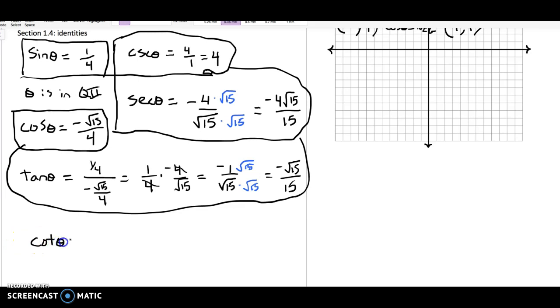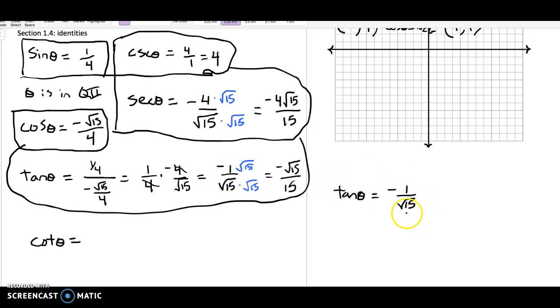Cotangent is reciprocal to tangent. So I want you to recognize that when we did tangent, I did rationalize the denominator of this equivalent fraction, that one right there. Do you see how I did that here? However, I'm going to actually use this fraction here because if I flip it over, it's in most simplified form.